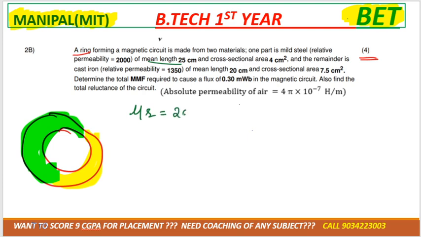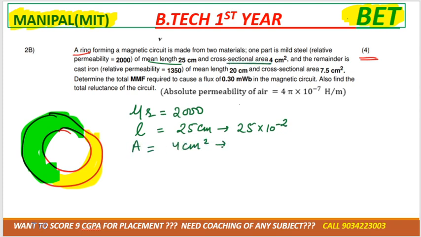Mu r is given as 2000. Length is given as how much? 25 centimeter. So 25 centimeter is 25 into 10 raised to power minus 2 meter. Area is given as 4 centimeter square, which means 4 into 10 raised to power minus 4 meter square. And the remainder is cast iron relative permeability.